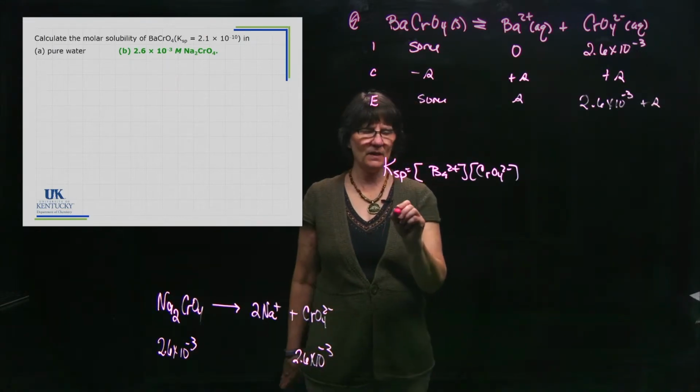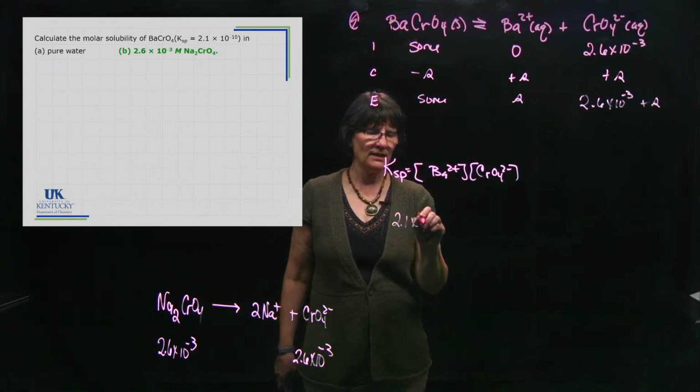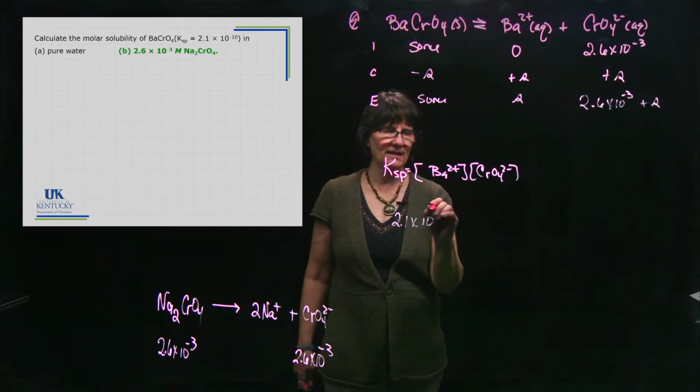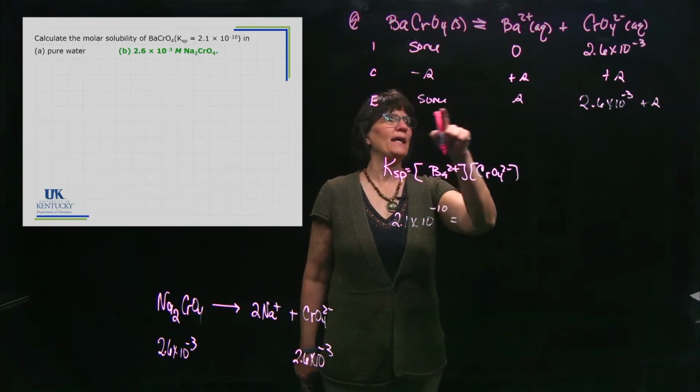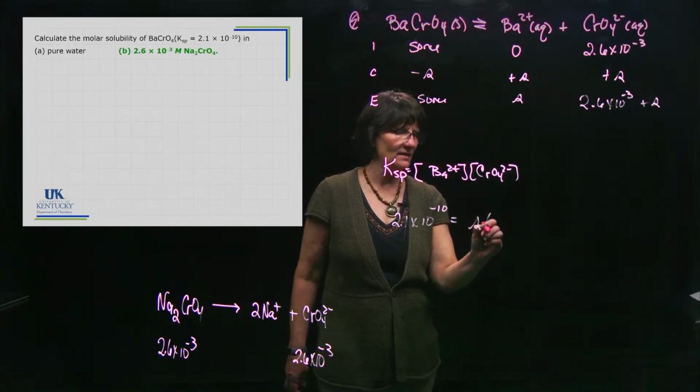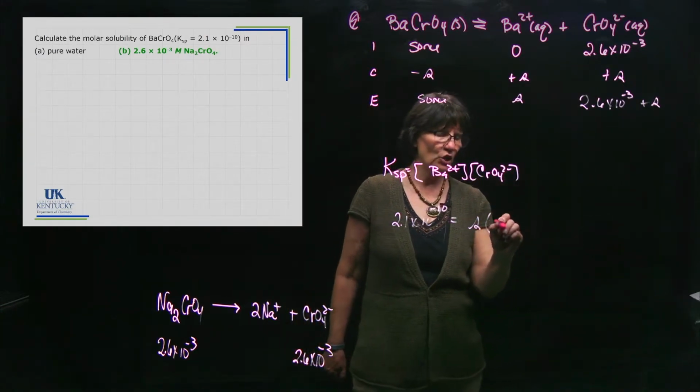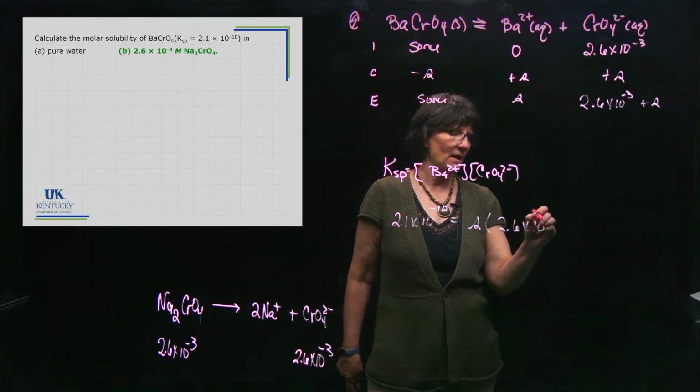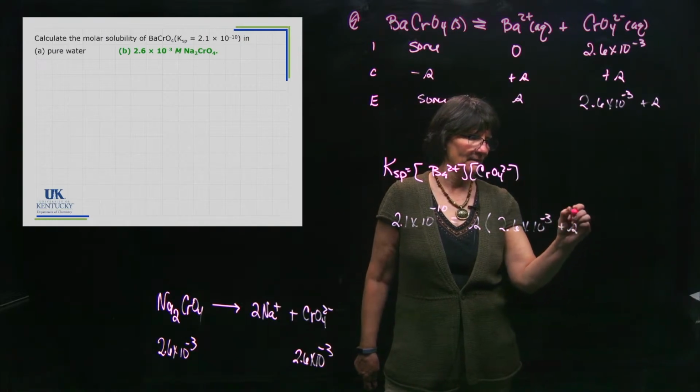I have a Ksp of 2.1 times 10 to the minus 10. I look at my E line, I see that barium is S, and I see that chromate is 2.6 times 10 to the minus 3 plus S.